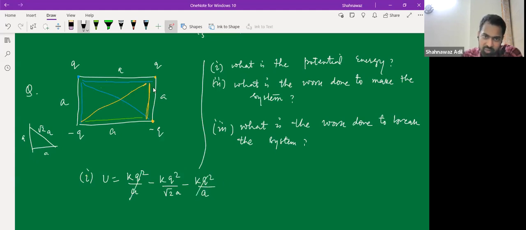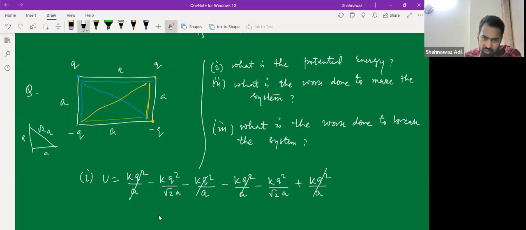And what do we have more? This one, minus kq square by A, and then this one, minus kq square by root 2A. And then this one, plus kq square by A. So again this one cancels and only two terms are left.